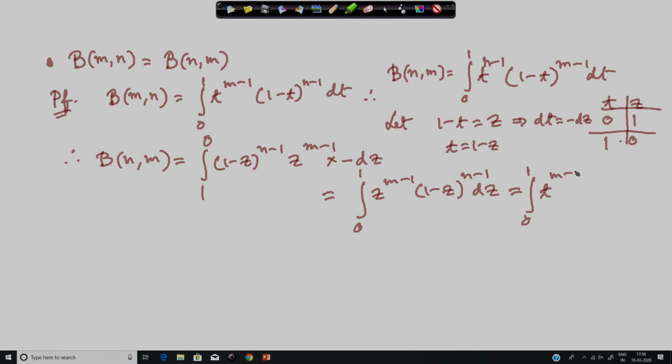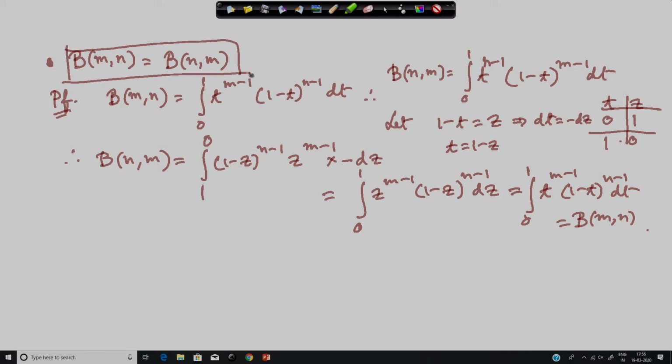If I write the letter t again, it becomes dt, which is equal to beta m n. Thus, we have beta m n equal to beta n m. In proving other properties or other problems, this property of the beta function is widely used. So, this is the proof.